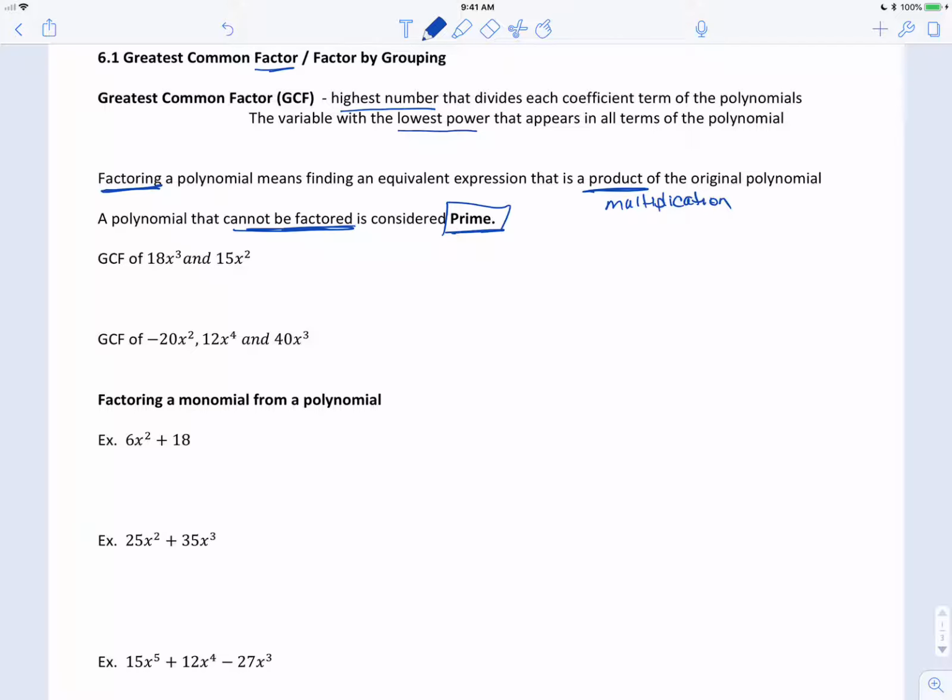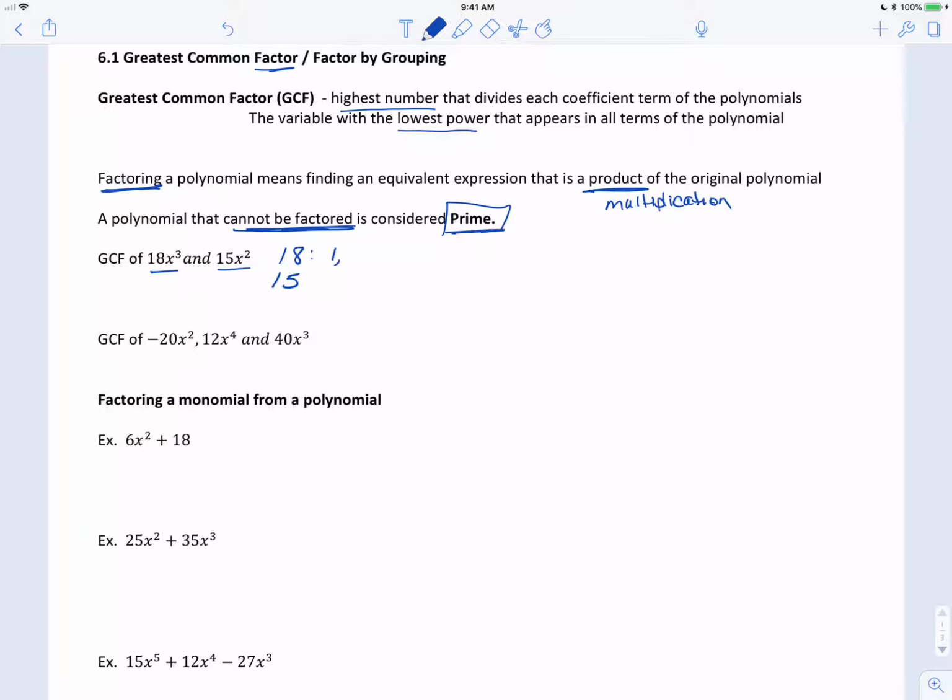Okay, so let's look at just two random terms here. So we've got 18x cubed and we have 15x squared. So let's think about all of the factors of each one of these numbers, and then we'll see what is our greatest common factor. So we're given the number 18 and we're given the number 15. Well, let's think about all the numbers that go into 18.